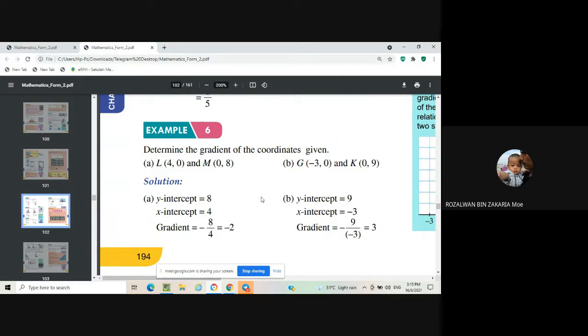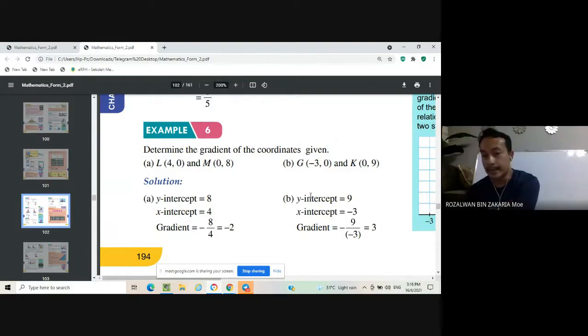All right, now look at B. Given the two points, point G coordinate is (-3, 0) and point K coordinate is (0, 9). You can use the formula to find the gradient, which is negative y-intercept divided by x-intercept.